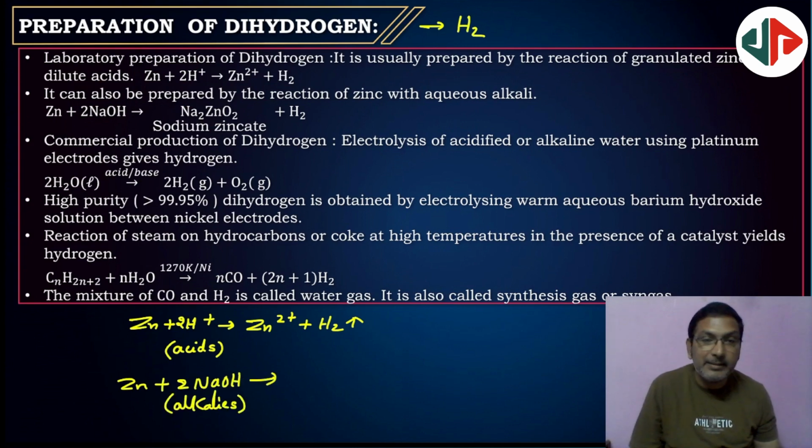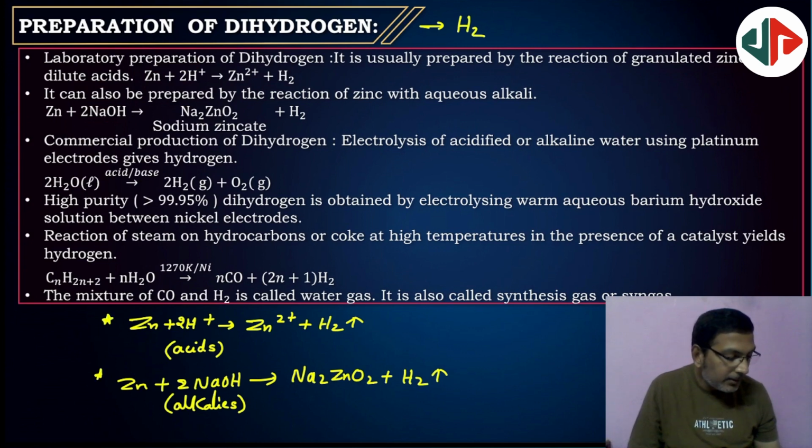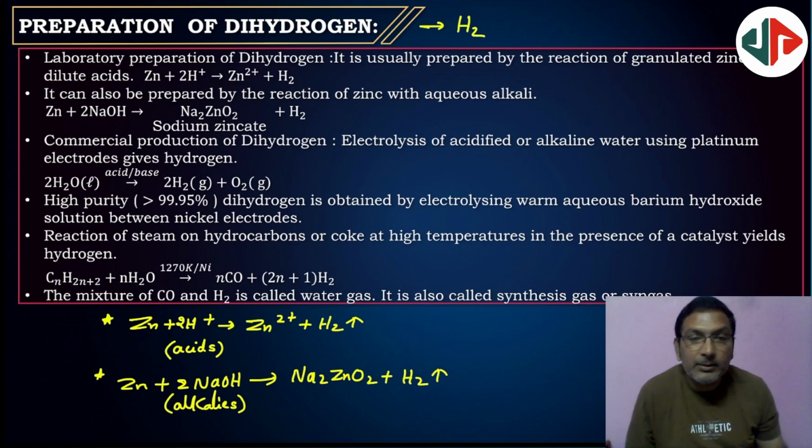Alkalis means bases, to form Na2ZnO2 plus H2 gas. Remember these two, very, very important. So zinc can react with acids as well as alkalis, that is bases, to release H2 gas.